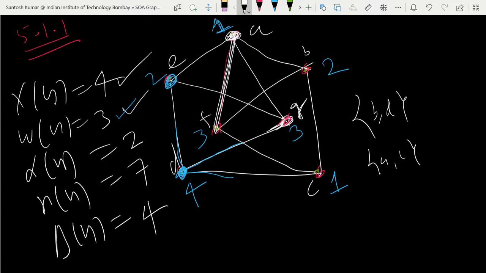Can you make one of size 3? No, sir, not possible. Sir, B and E. Yes, BE is also fine. CE is also fine. So we are trying to find an independent set and its size. I think size 3 is not possible. So only 2 is the maximum.